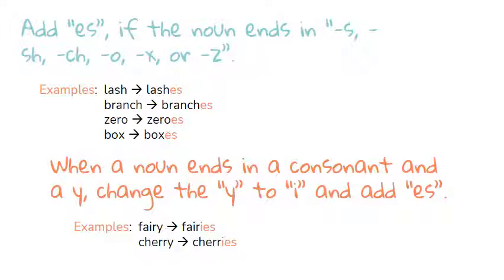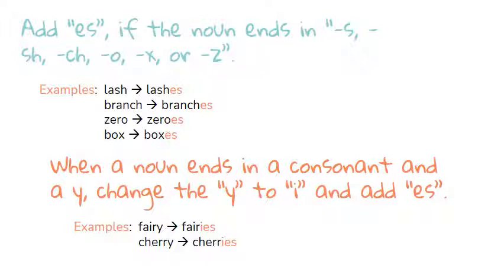Example, lash, lashes, branch, branches, zero, zeros, box, boxes. So you see, the nouns end with sh, ch, o, or x. We have to add es.